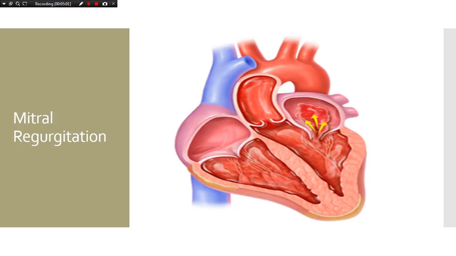This results in pulmonary edema, and if not treated, cardiogenic shock. In chronic MR, the additional volume results in left atrial enlargement, left ventricular dilation and hypertrophy, and finally a decrease in cardiac output.